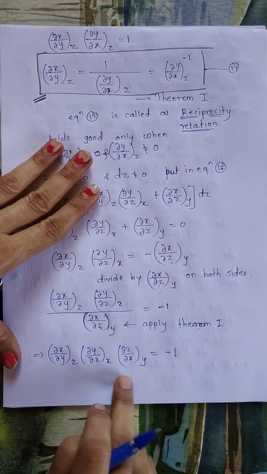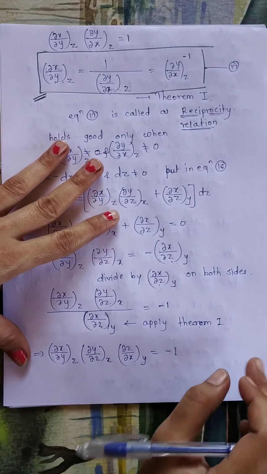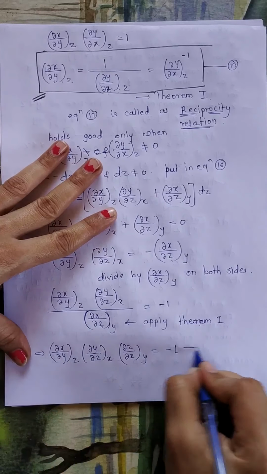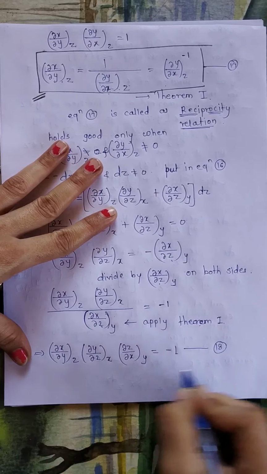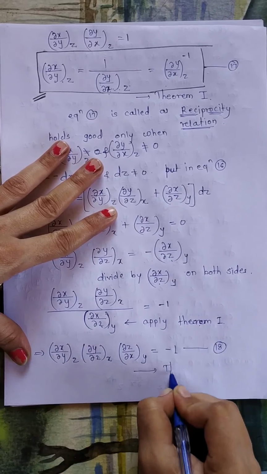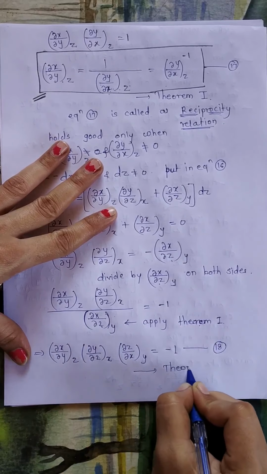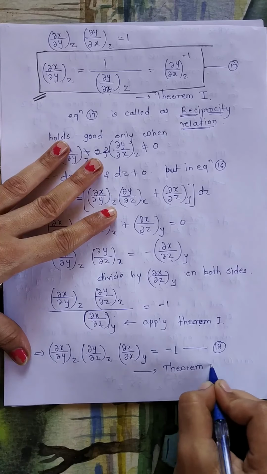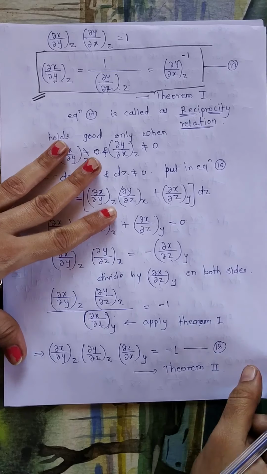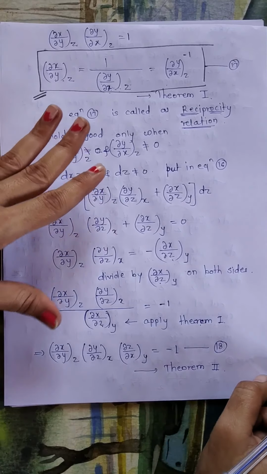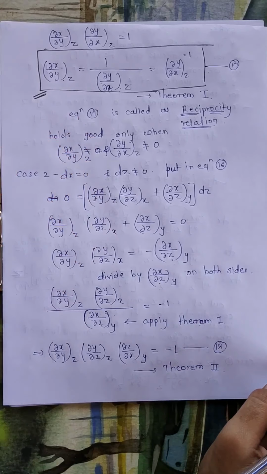So we got this relation, and let me call it equation number 18, which is known as theorem 2. This relation is known as a cyclic relation.